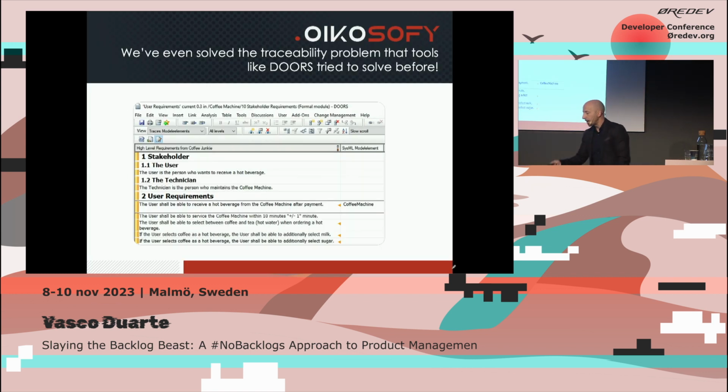And this is even an interesting aspect that many of us don't even think about, because for us it's kind of native. It's like the air we breathe. But we used to have tools whose job was to trace the changes in requirements all the way down to code. This is DOORS, not the rock group, the requirements traceability tool.